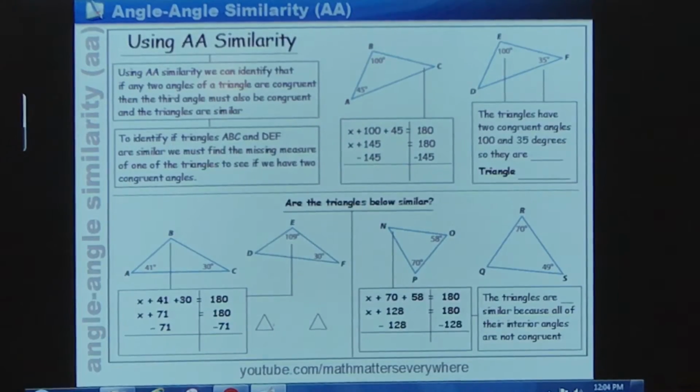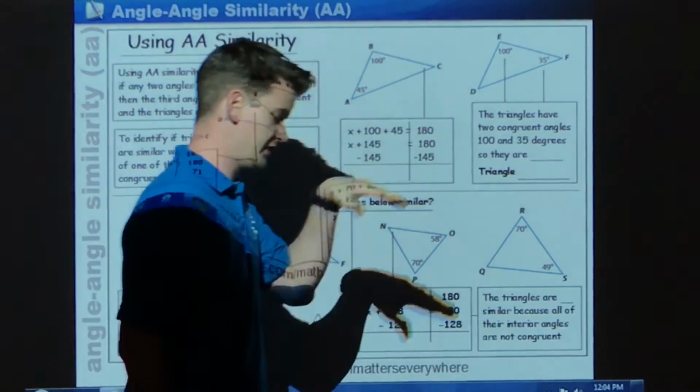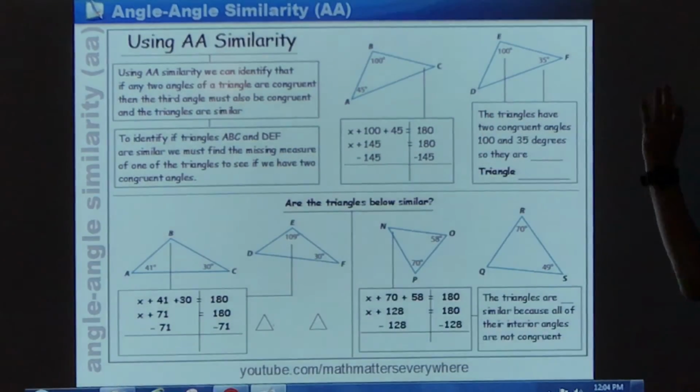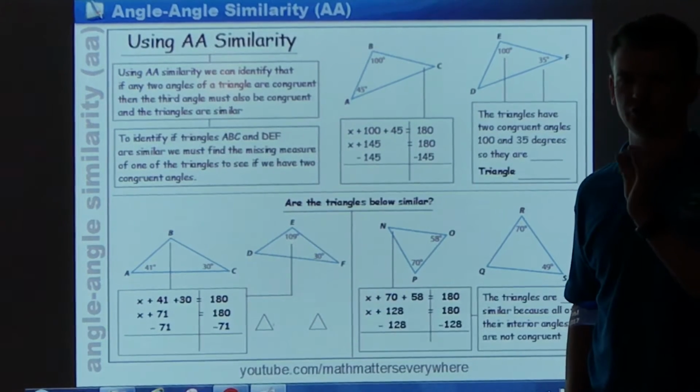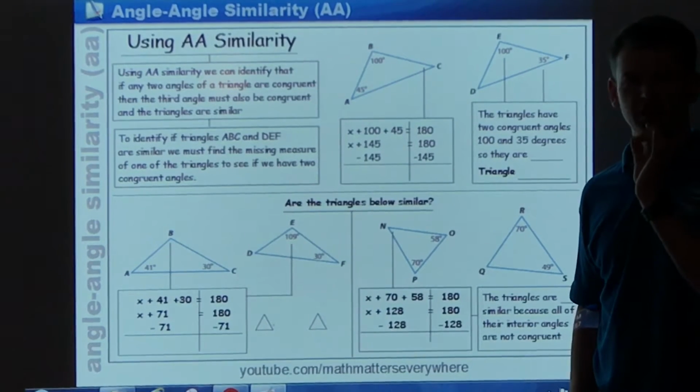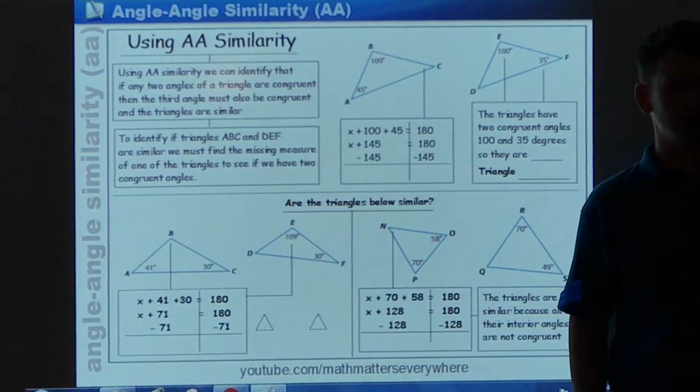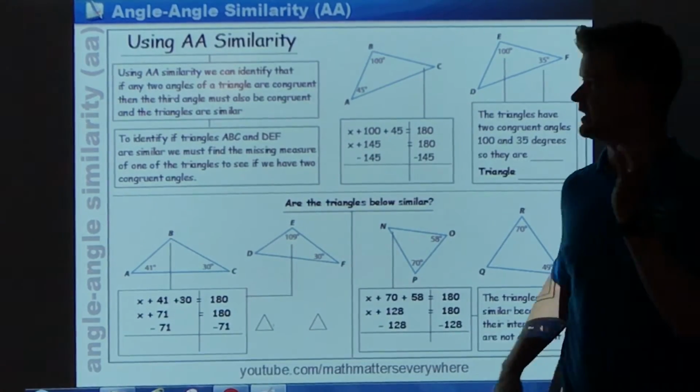So, let's dig deep into angle similarity. Using angle similarity, as I stated previously, we can identify whether or not two triangles are similar. And digging even deeper, we're told that if two of the angles of a triangle are congruent, then automatically the third one must also be what? Congruent. Think about it.